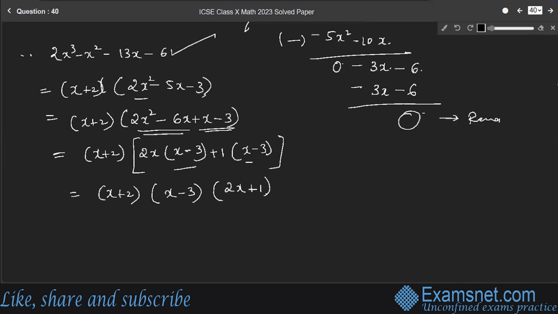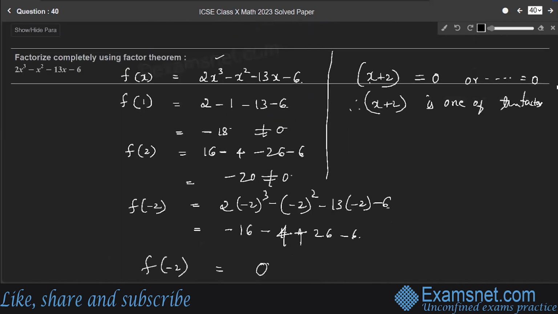Therefore, the given expression can be written as a product of three factors: x plus 2, x minus 3, and 2x plus 1. This is how we need to factorize the algebraic expression when the power is greater than 2, using the factor theorem. First, we need to find the value of x using trial and error, then x plus or minus that number.